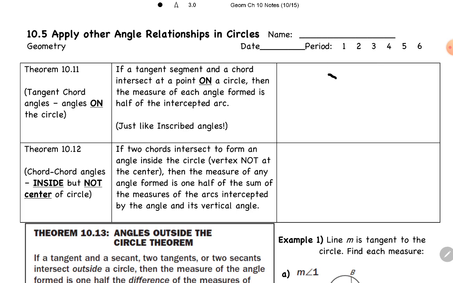So let's start off with a circle, and let's put a few points on here. Okay, so we've got AB, we've got the line EC.